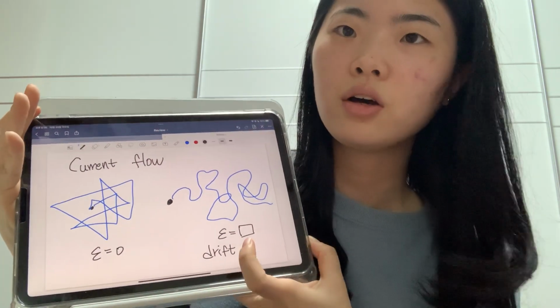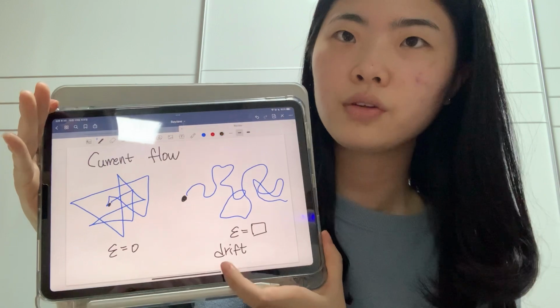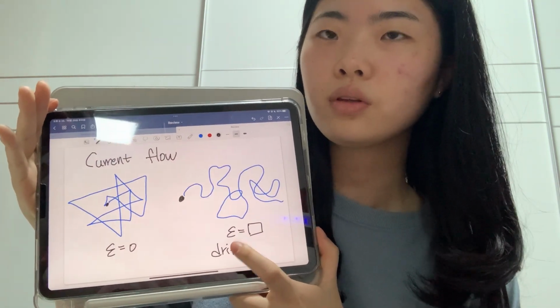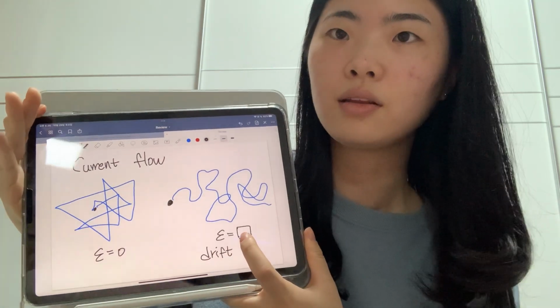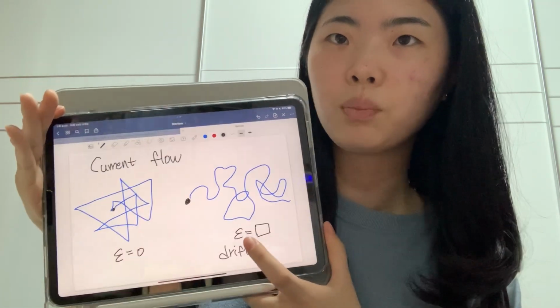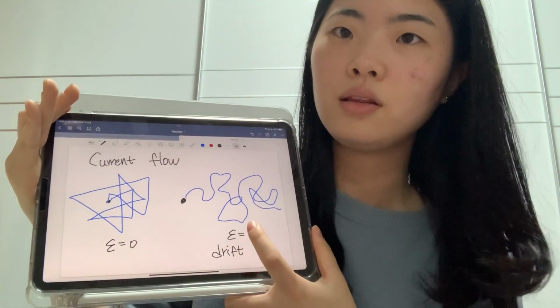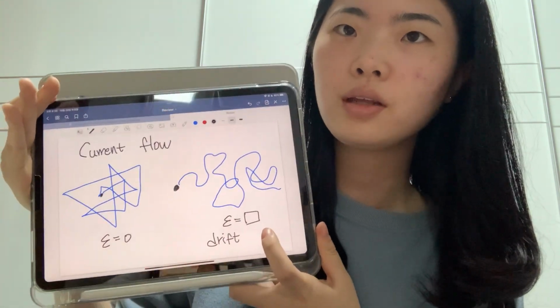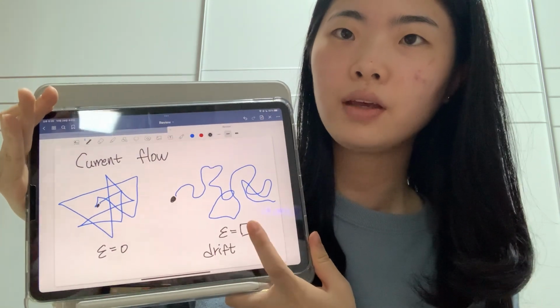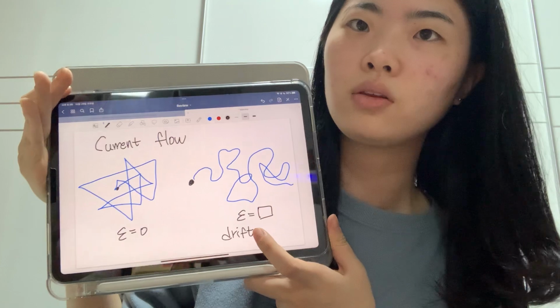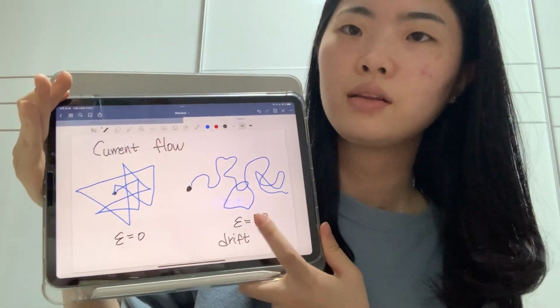However, if the electron gets forced from another place, the electron moves like this, and the start point and the end point will be changed. In this case, we call this moving a drift. So we can calculate the drift velocity in this situation.